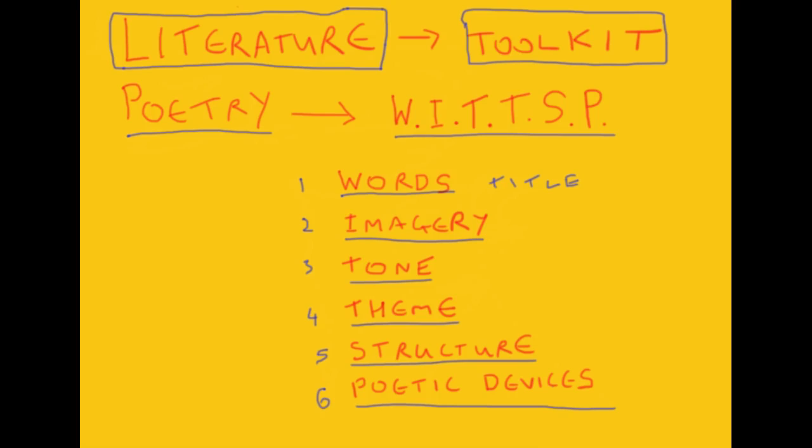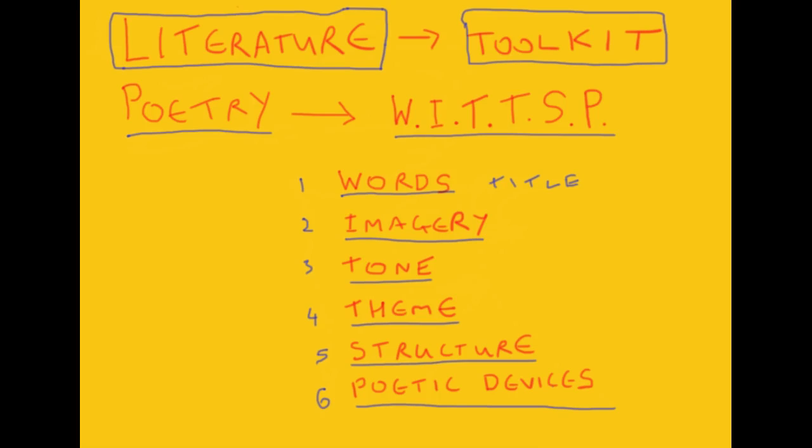The structure of the poem should complement those words, imagery, tone and theme, in terms of the length of the sentences, the punctuation through the poem, and how the poet has intentionally used certain structures to help convey the message, feeling or emotion of the poem. And then finally, the other poetic devices the poet has used: the similes, the metaphors, and so on.